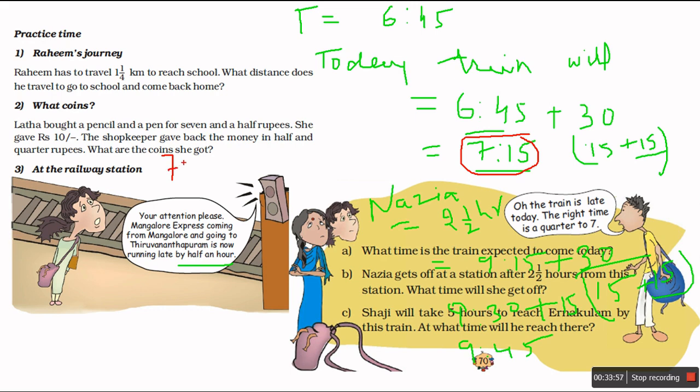So 7:15 plus 5 more hours. So 7 plus 5, 12 hours 15 minutes. So Saji will reach at 12:15.